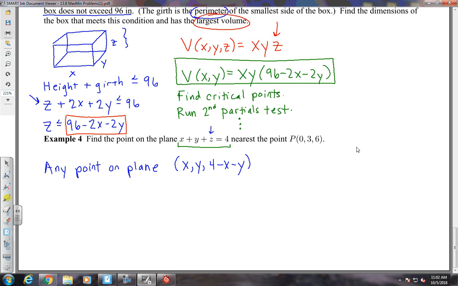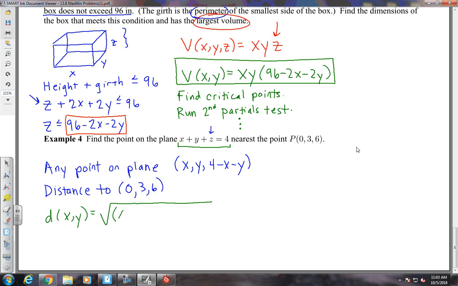What we want to do is determine the distance of any point on this plane to the given point, 0, 3, 6. In this case, we can use an ordinary distance formula. Let's call it d of x and y. And we're going to find the square root of the sum of the squares of the differences between all of those components.